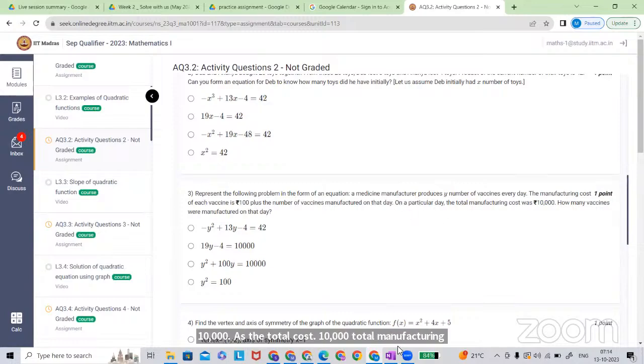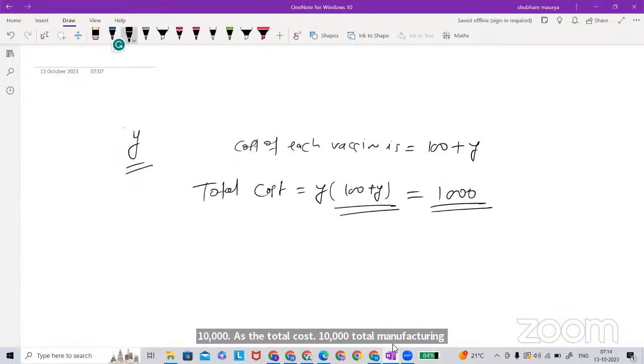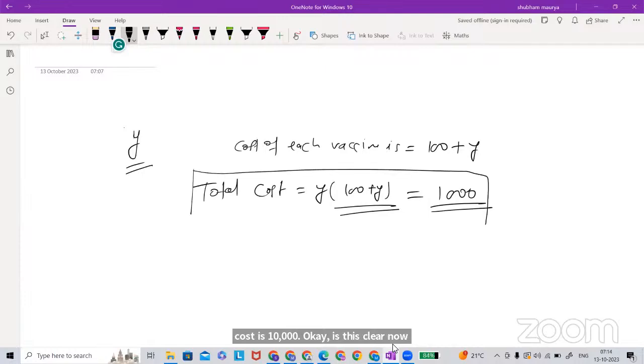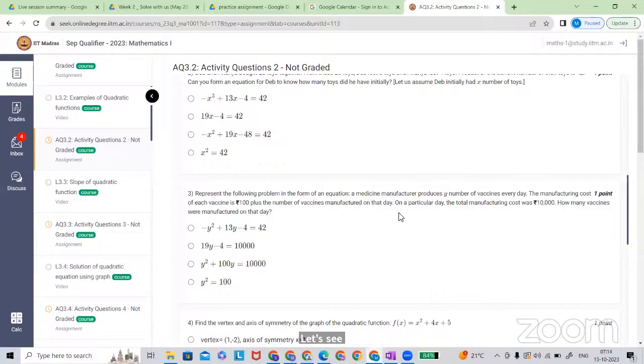Okay, is this clear now? No, sir. See, it is given that on a particular day, the total manufacturing cost is 10,000. We don't know on that particular day how many vaccines have been manufactured.